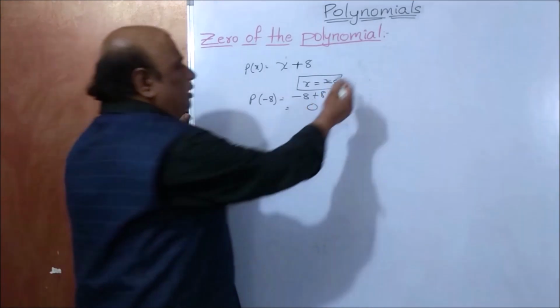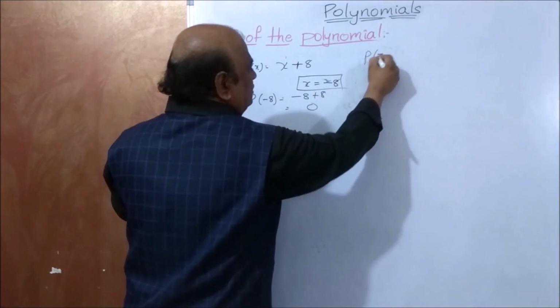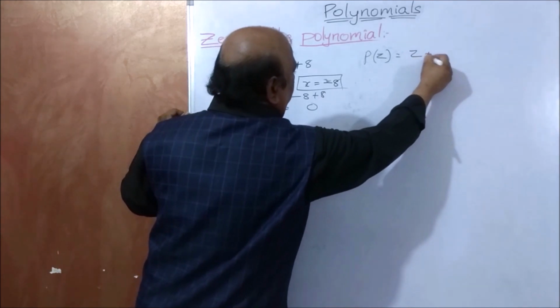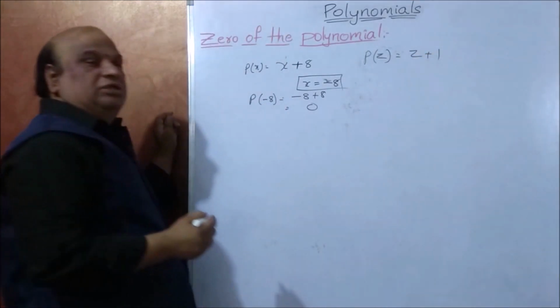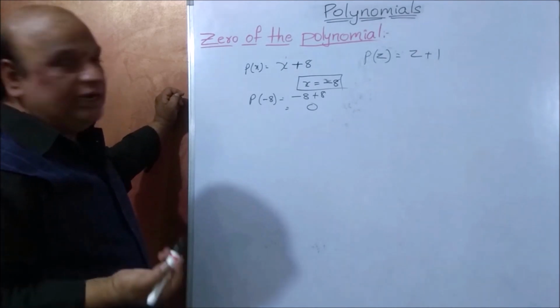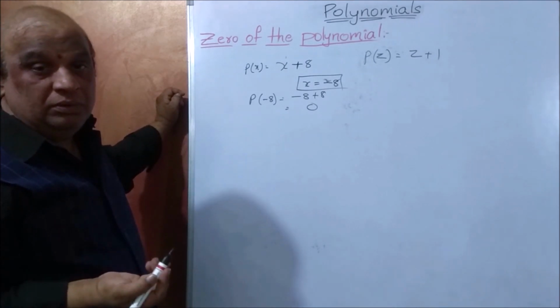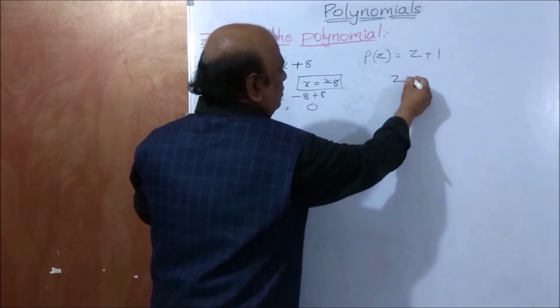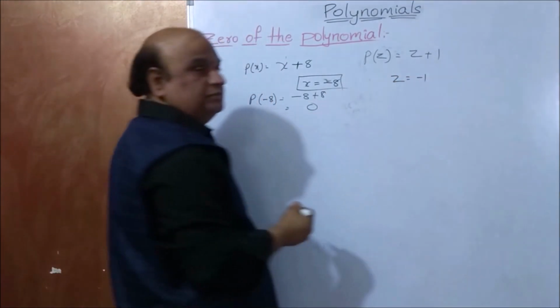One more example, p of z is equal to z plus 1. So this is one more polynomial. At what value of z do we get 0? That is nothing but z is equal to minus 1.